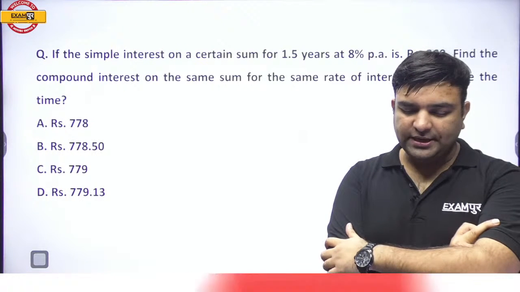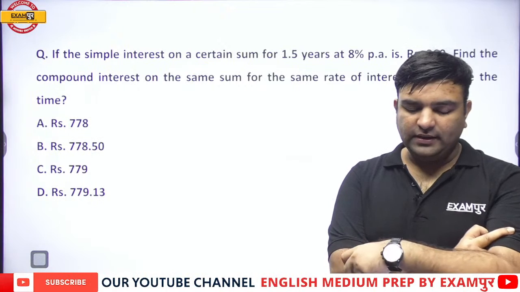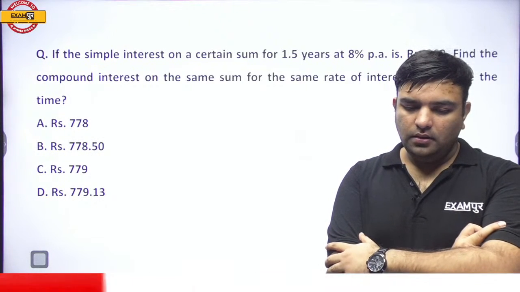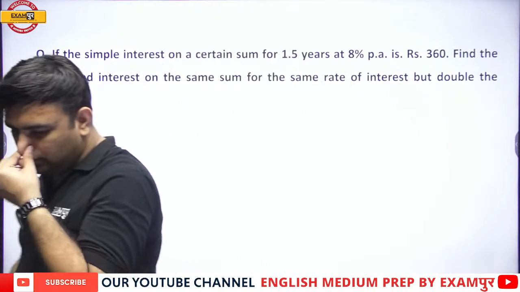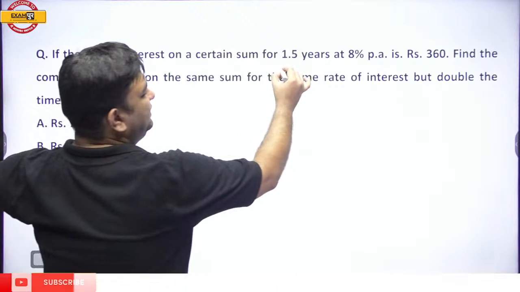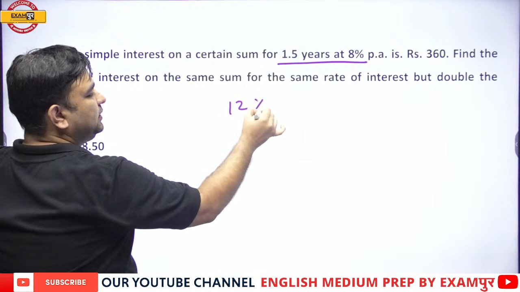Simple interest on a certain sum for 1.5 years at the rate of 8% is known. Find the compound interest on the same sum for the same rate of interest but double the time. 1.5 years, 8% per annum, effective rate is 12%.